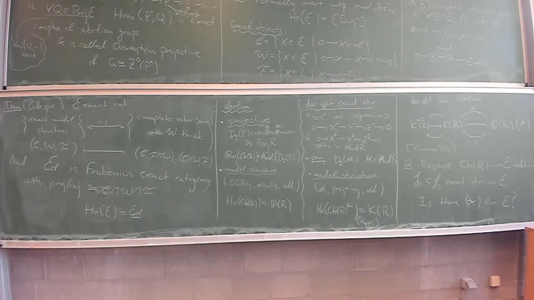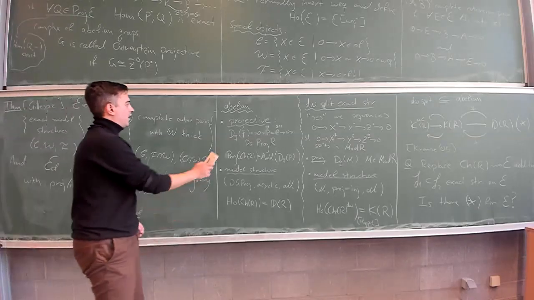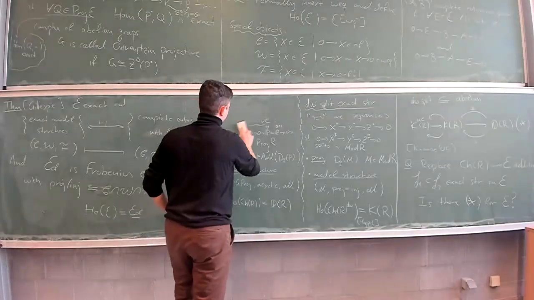Working with morphisms, like the definition of a model structure, is quite hard and tedious, while working with Cotorson pairs is more homological. You just have to check some Ext-vanishing conditions. So this theorem allows you to create model structures out of some homological data. Okay? And this is exactly what we're going to use.